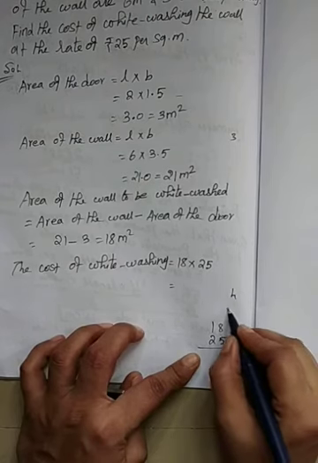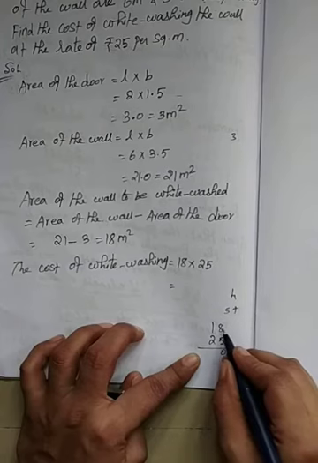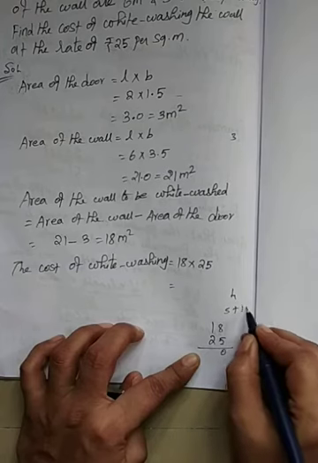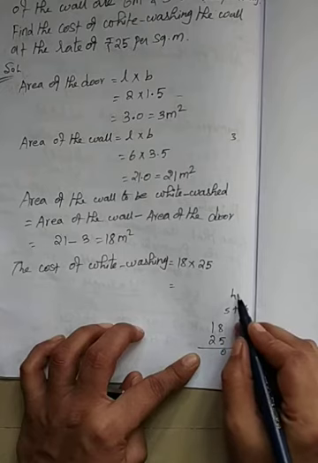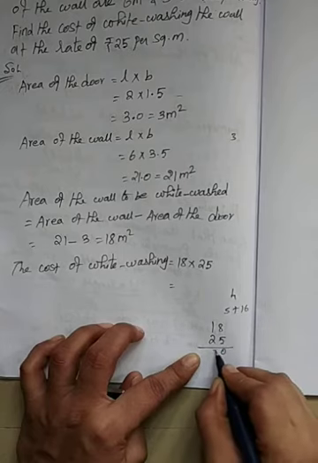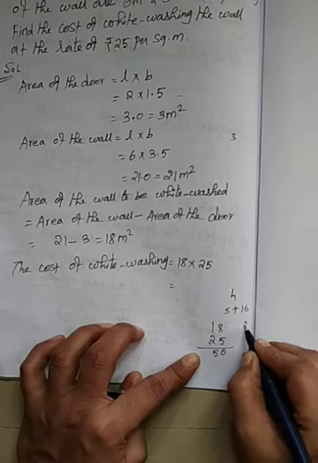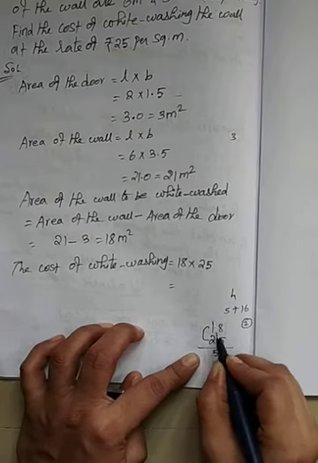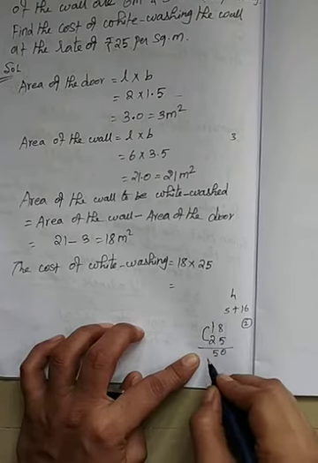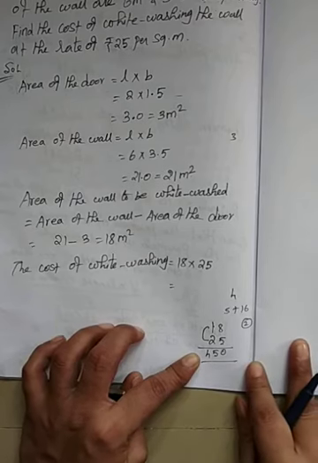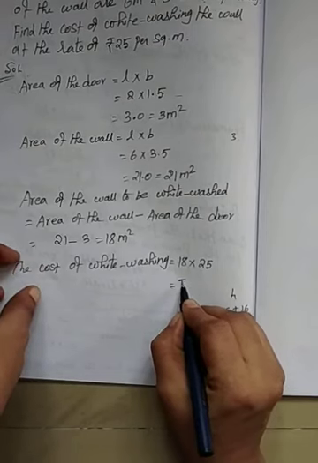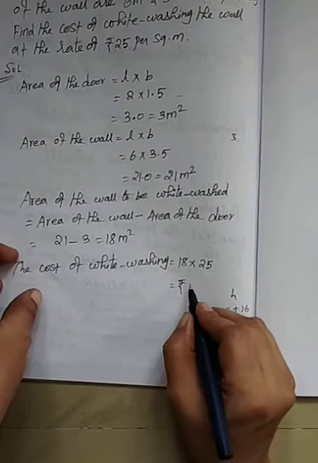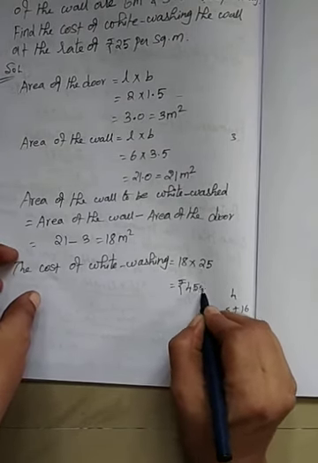Now 1 5s are 5, put plus symbol. 8 2s are 16. What is 16 plus 5? 21. 21 plus 4, 25. So here you can put 5. The remainder is 2. Now you have to multiply 1 into 2, 2. 2 plus 2, 4. So what is your answer? 450. So the cost of whitewashing is rupees 450.